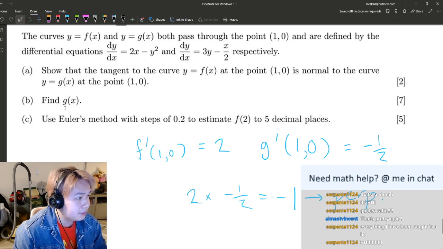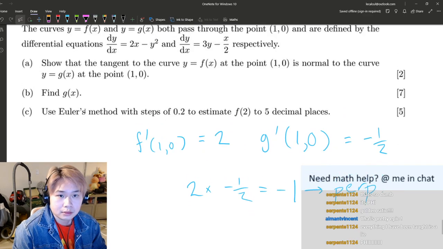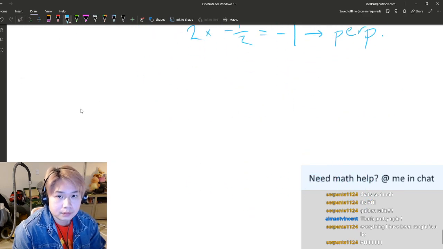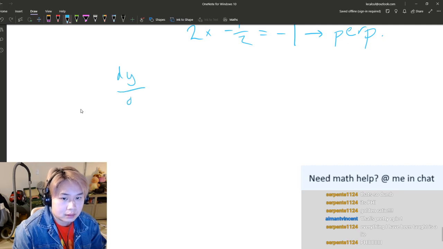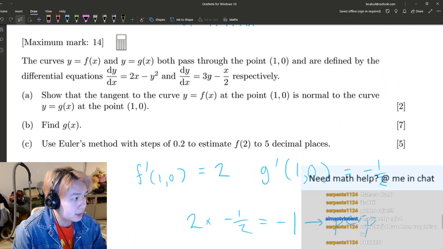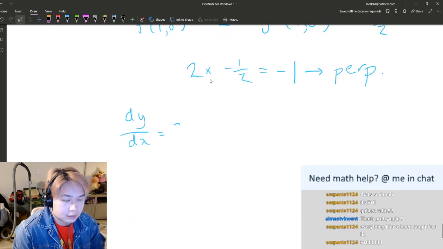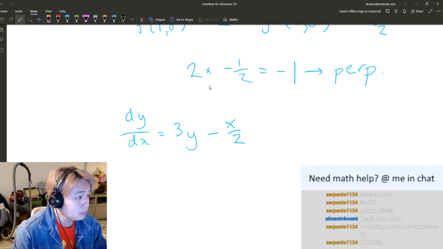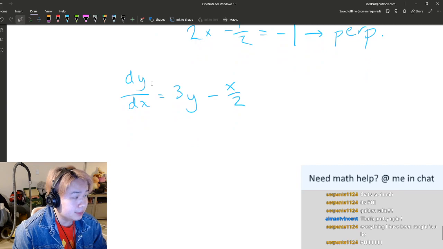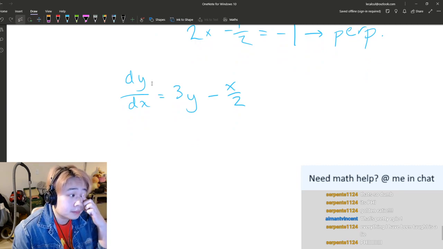Okay, and then we need to find g of x. So let's start with the derivative, which is this thing. And then we need to find the function, so we need to integrate this.